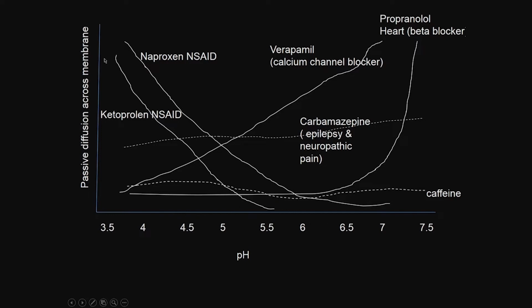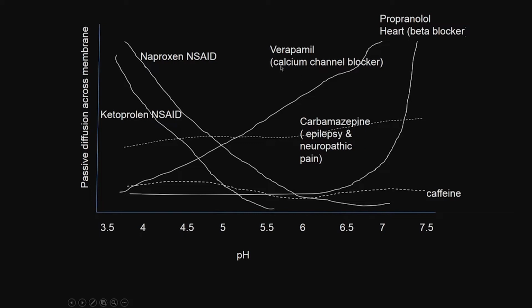So, we see that the passive diffusion decreases for, say, NSAID, non-steroidal anti-inflammatory drug like ketoprofen. Another drug naproxen, again it goes down. So, that means passive diffusion is very good in the stomach region, okay, and it becomes very poor as it goes to small and large intestine.